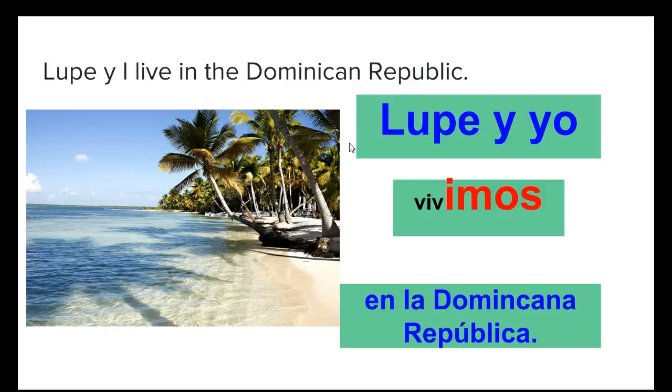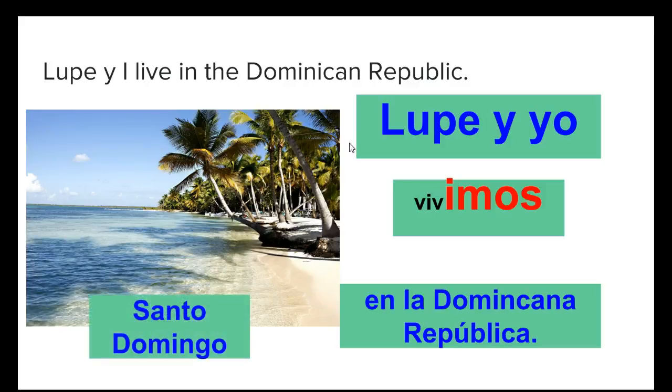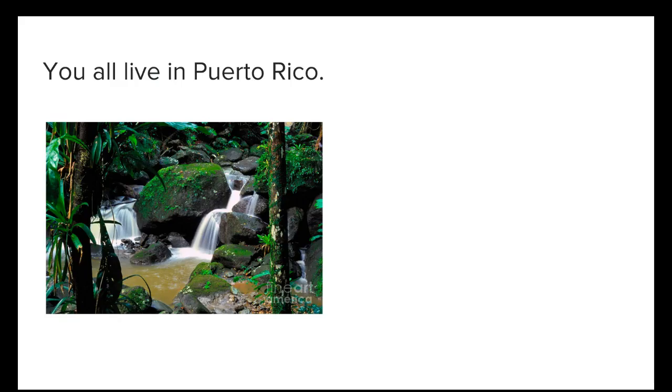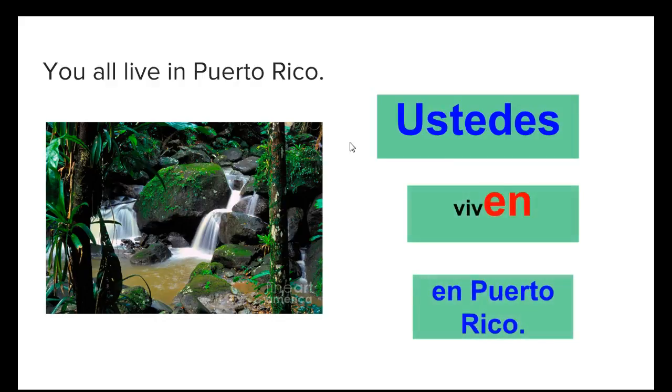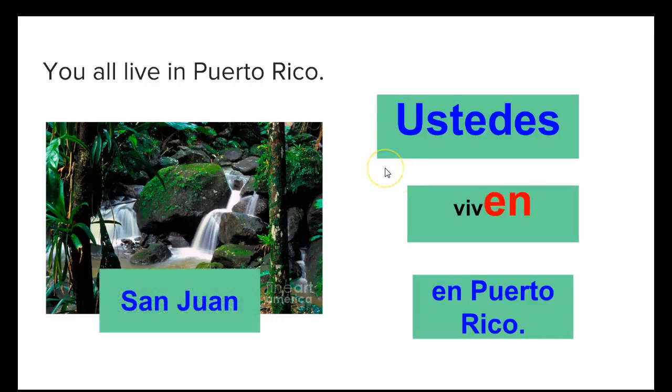Y la capital es Santo Domingo. You all live in Puerto Rico. When you're saying you all, you would use ustedes. Ustedes viven en Puerto Rico. ¿Y cuál es la capital de Puerto Rico? San Juan.